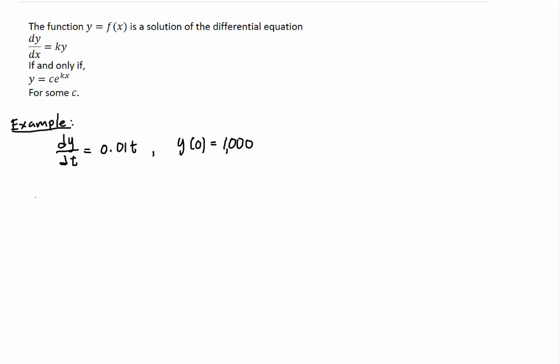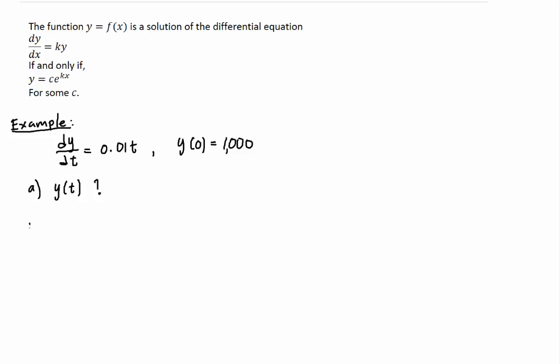Well, now the types of questions that you will have are the following. Firstly, find an expression for y with respect to time, or find a model, or an equation that describes the situation. The wording can change, but they're asking you to find a formula for y.